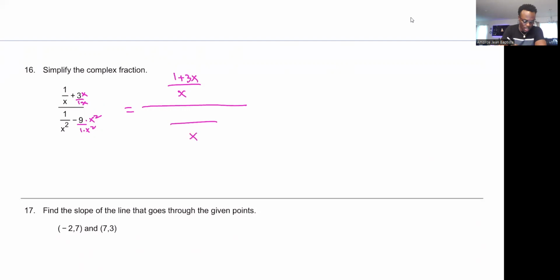Denominator, common denominator is x squared, and that is 1 minus 9x squared, right? So keep change flip, 1 plus 3x over x times x squared over 1 minus 9x squared.